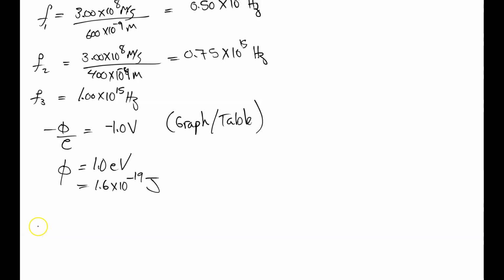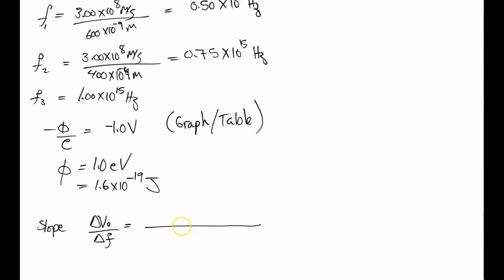And then we have the slope, which can be given as delta V naught over delta f.